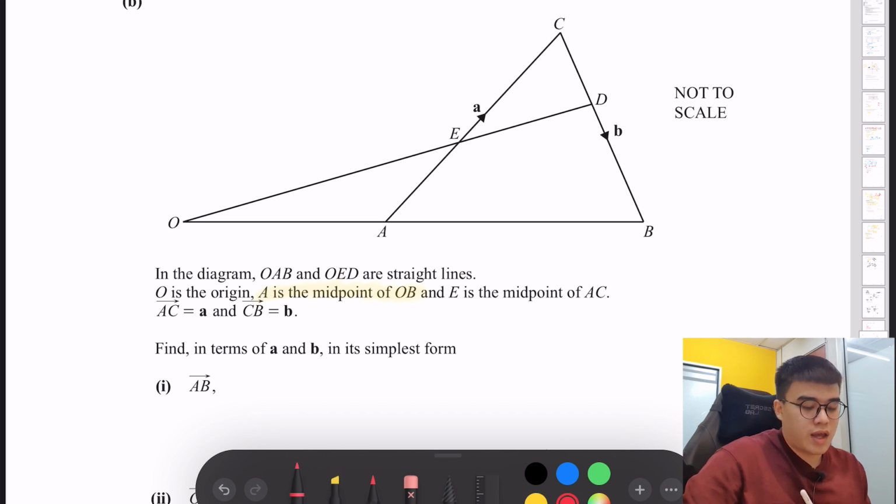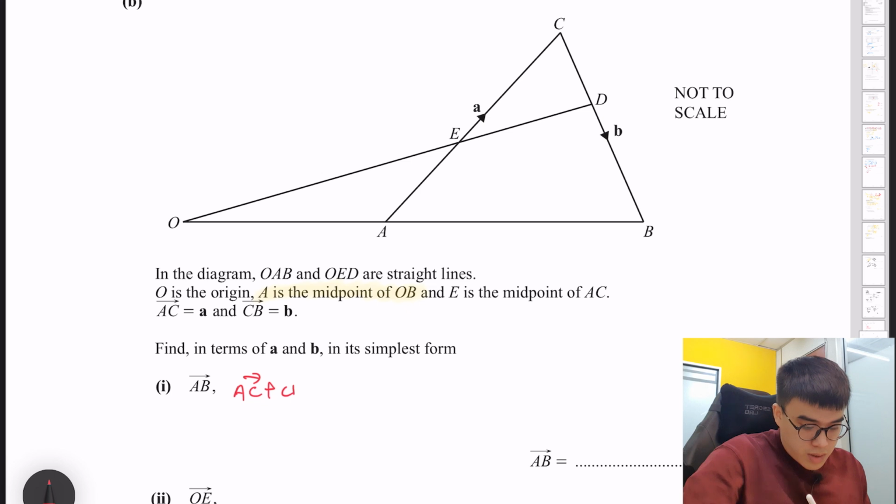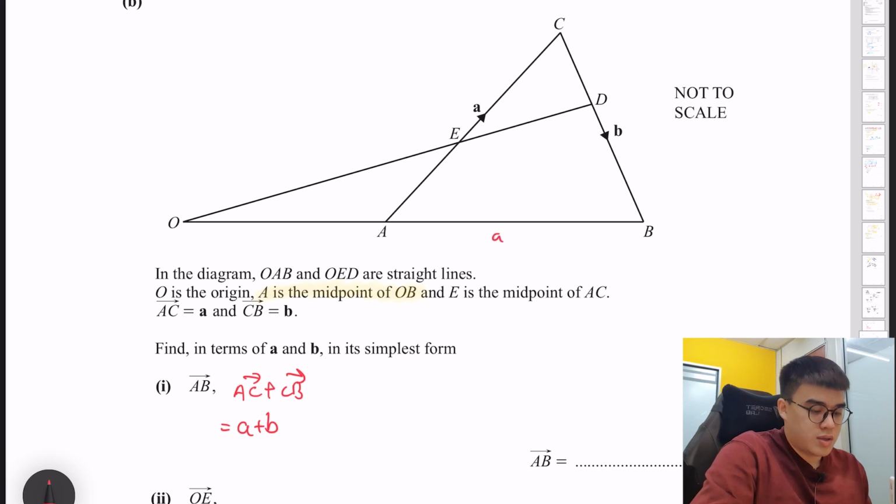So by finding AB's value, I know that it will be the same as OA. So let's find AB first. Means I have to go through AC plus CB, which is a plus b. And here will be a plus b as well.